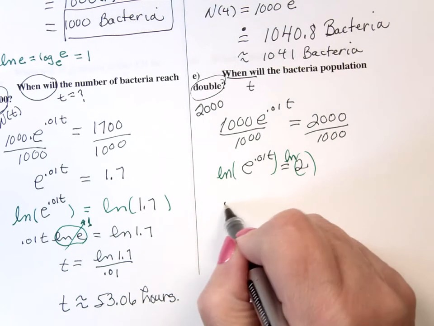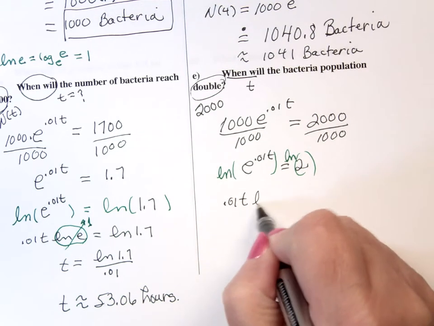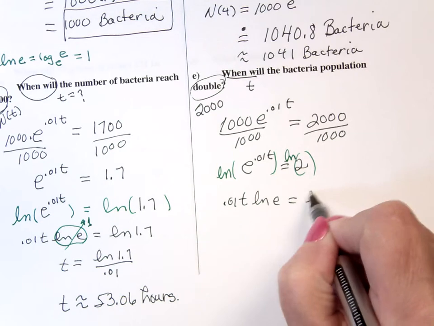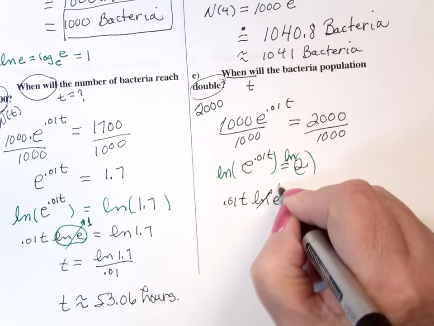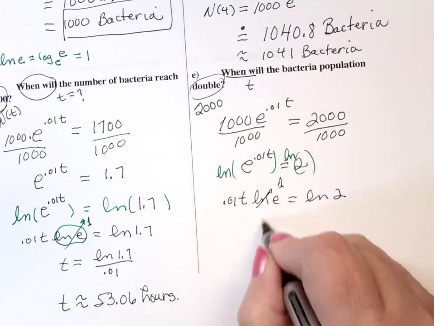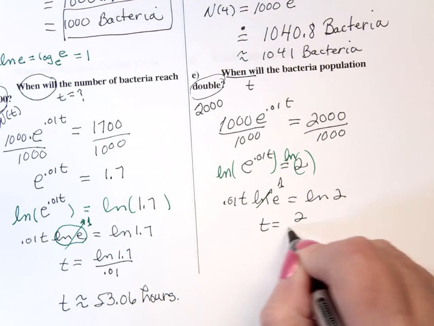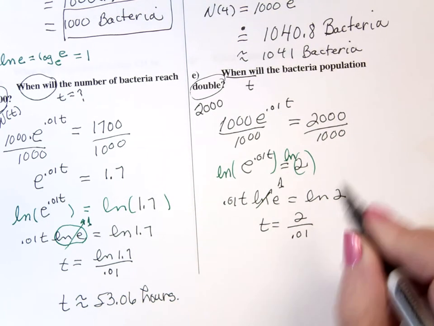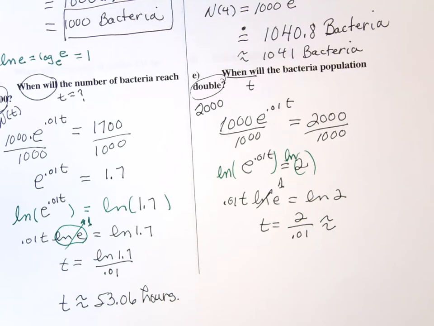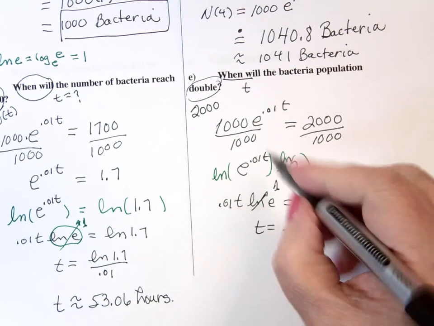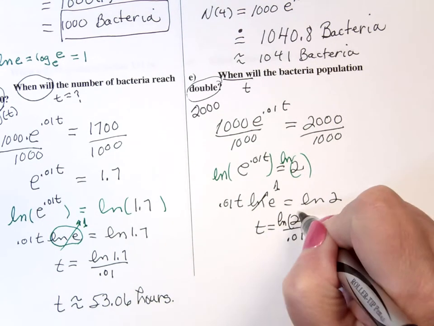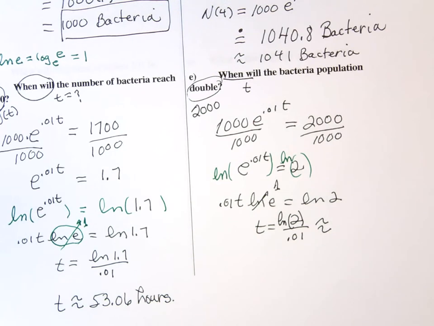So 0.01 t, natural log of e, is the natural log of 2. And then we know the natural log of e is 1. So t is the natural log of 2 divided by 0.01. Natural log of 2, that makes a difference.